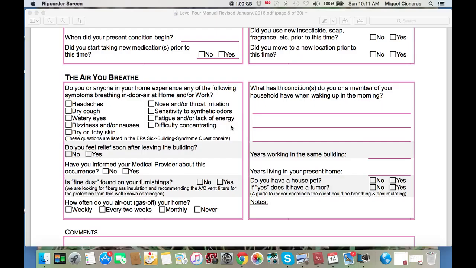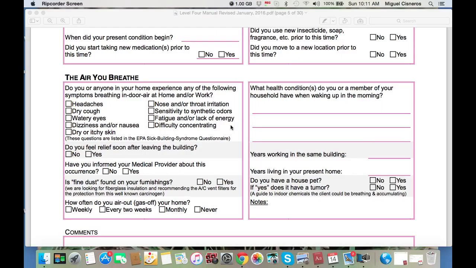Then we're going to ask them about a subject that not many of us know. It's that fine dust that is found on furniture in indoor air. So we're going to ask, is fine dust found on your furnishing? The answer is usually yes.